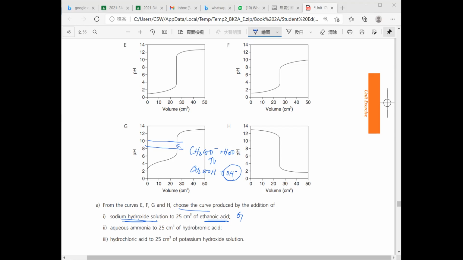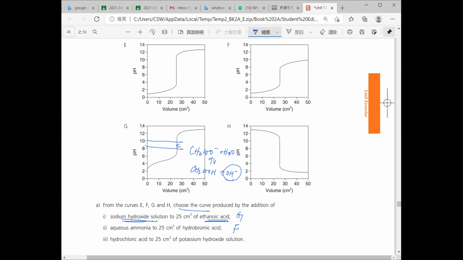Which one will you think is more possible? And how about ammonia? Ammonia is weak alkaline. Which one is a possible choice?